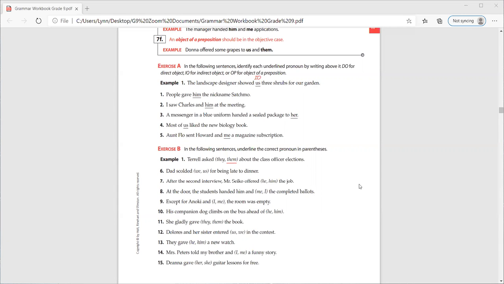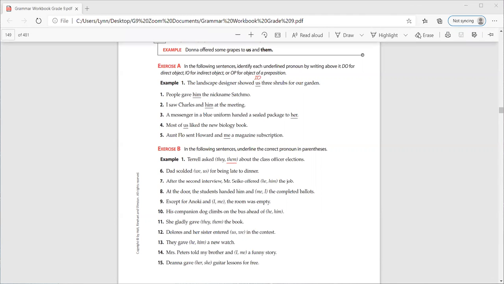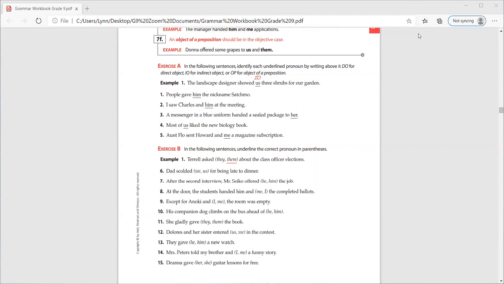Most of us liked the new biology book. That is going to be an object of a preposition. Correct. And Flu sent Howard and me a magazine subscription. That is going to be an indirect object. Correct. Thank you, Mahi. Good job.